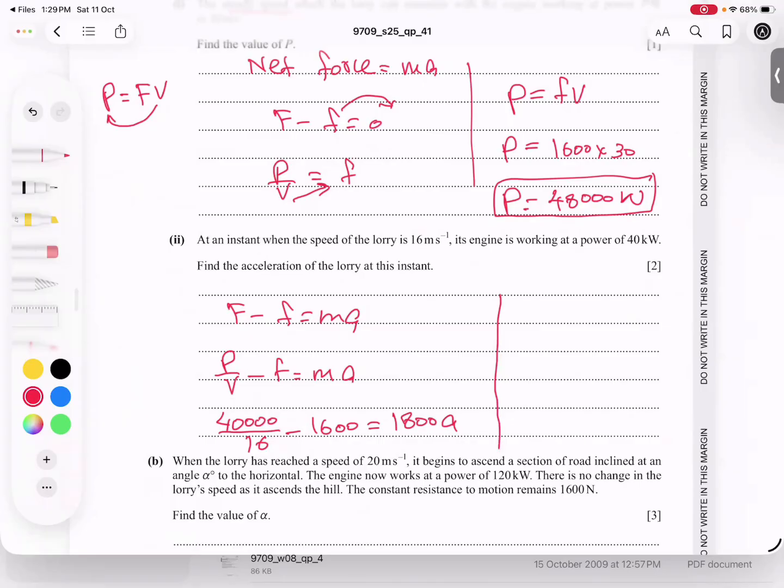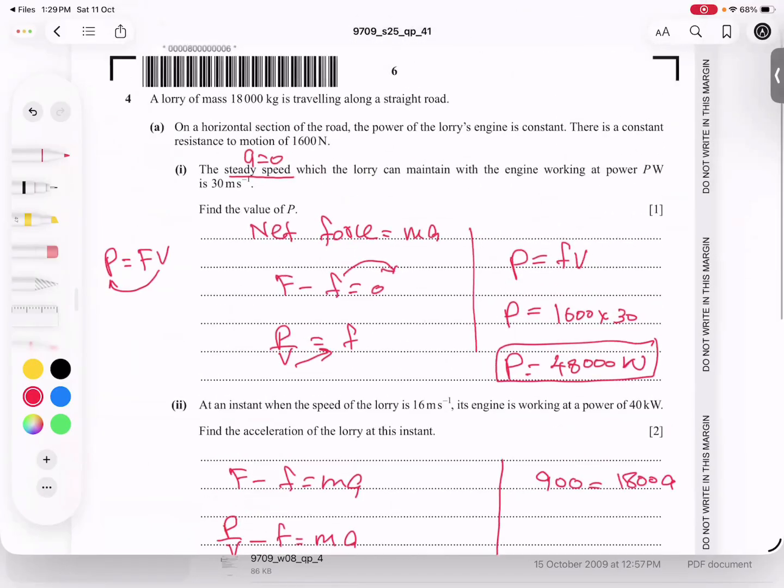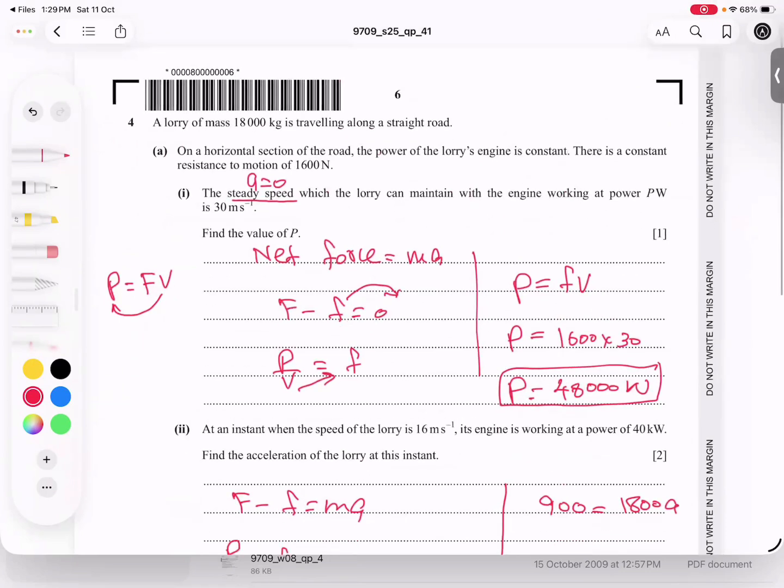And we are going to find the acceleration. So 40,000 divided by 16 minus 1600, and I got 900. So 900 is equal to 18,000 times a. Sorry for that, this is one more zero.